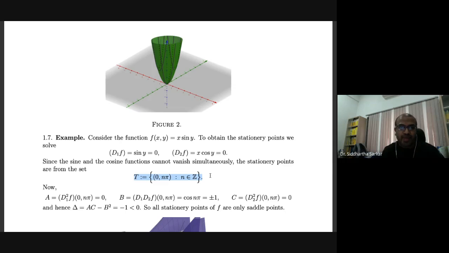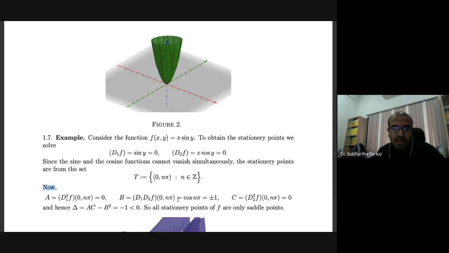Now at these points, I calculate d1 square f, which is a, and then d1 d2 f and d2 square f. The d1 f is sin y. If I differentiate that with respect to x, it is 0. Obviously, I don't have a choice here.